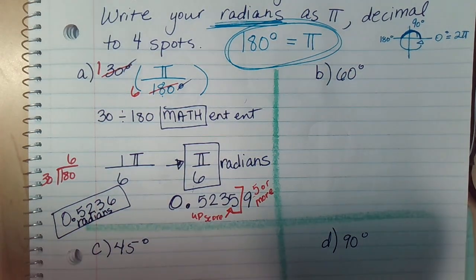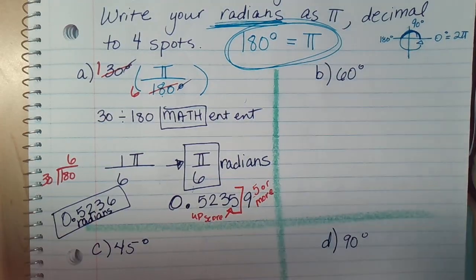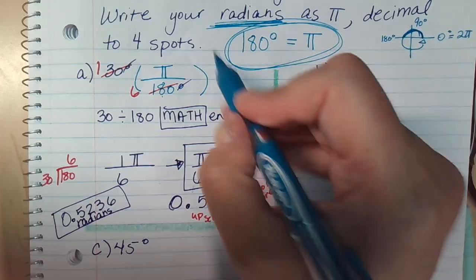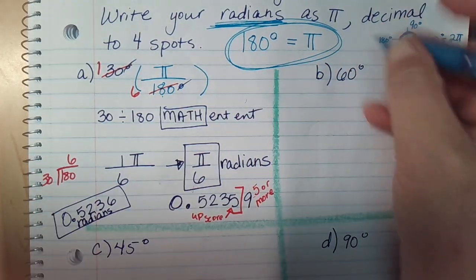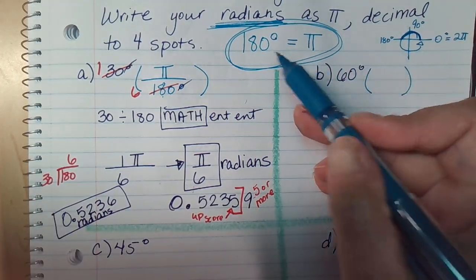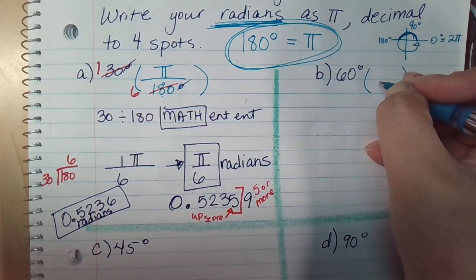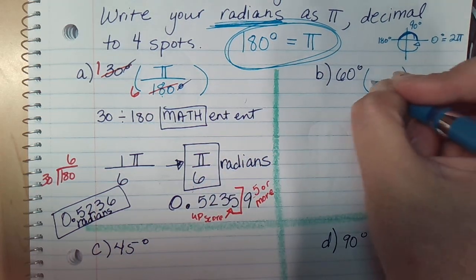All right, let's go to 60 degrees. To convert it, well, we're going to use this conversion factor, this equivalent. 180 degrees is equal to pi. Well, if I want the degree to cancel out so that we just have my pi's left over, I got to put 180 on the bottom.